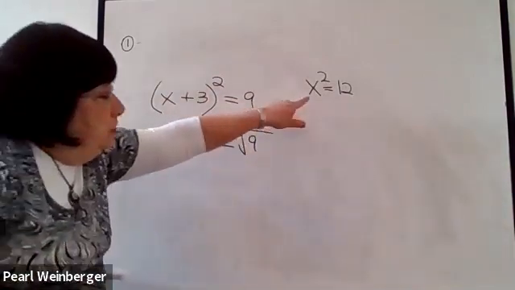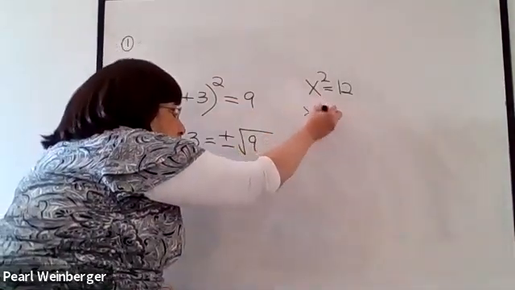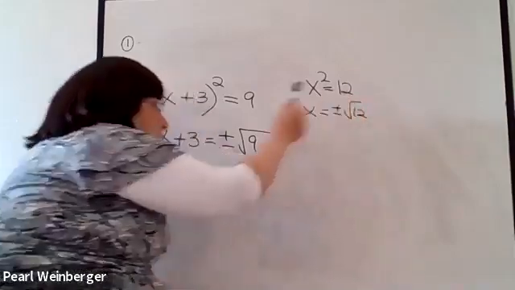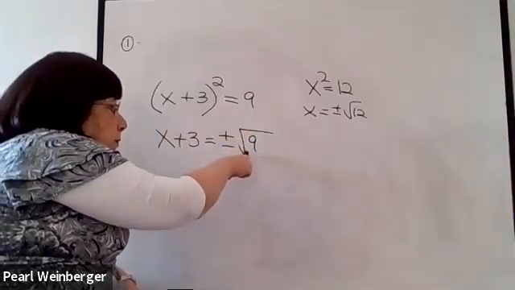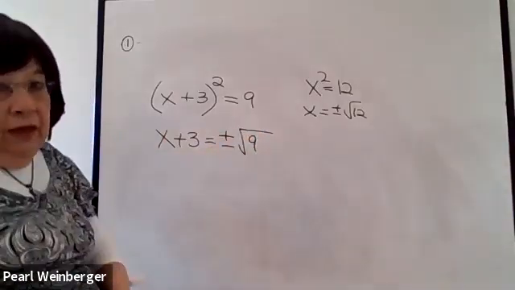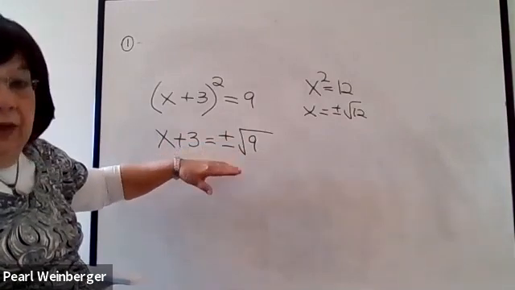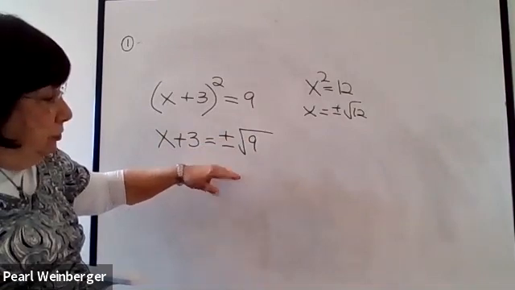Just like we did this one, we did x equals plus or minus the square root of 12. Over here, we do x plus 3 equals plus or minus the square root of 9. This then can get us to our answers.